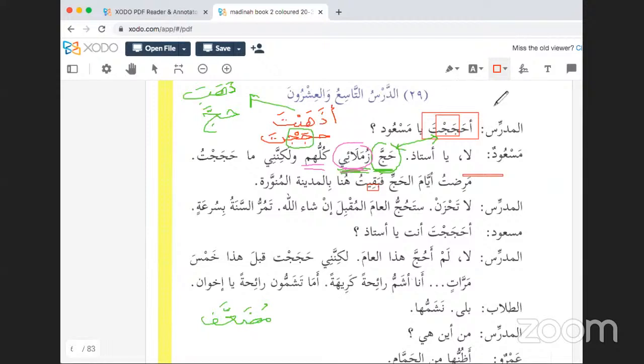And we have a rule. What is the rule? The rule is al-fa'il marfu'. Our rule stays the same, it never changes. Al-fa'il is always marfu', da'iman marfu'. What is maf'ulun bihi?